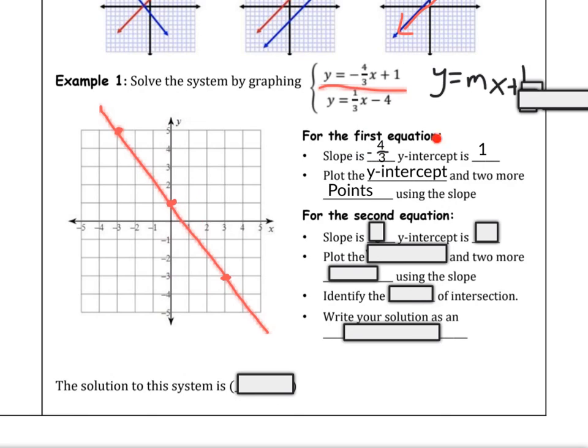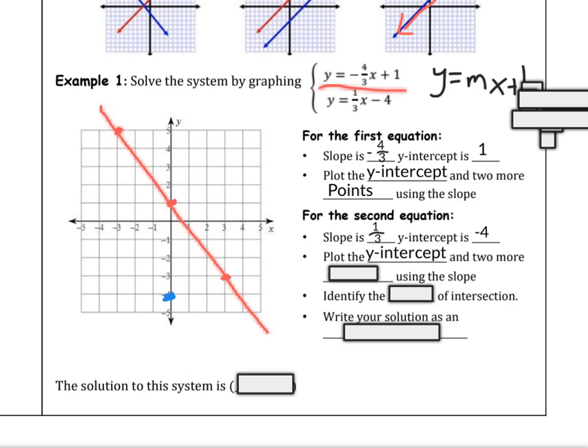In this equation, it looks like the slope is 1/3, and the y-intercept, that b, looks like a 4, but it's a -4. So the y-intercept is -4. Let's plot the y-intercept first. That's where it crosses the y-axis at -4.